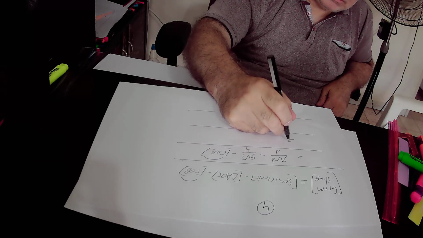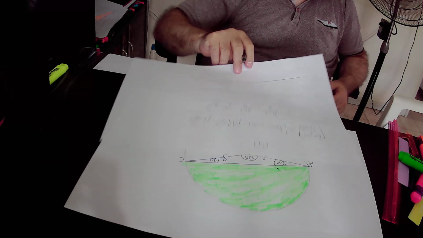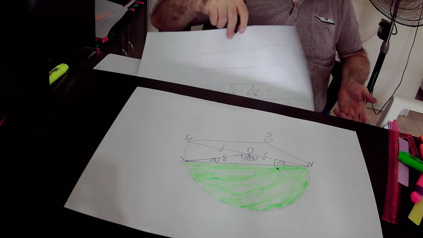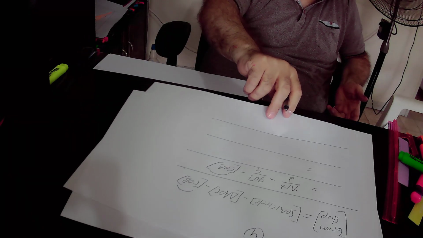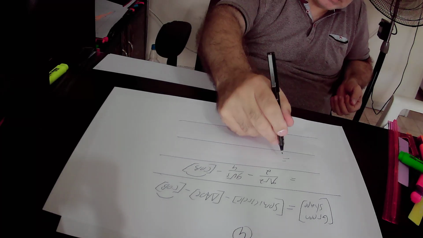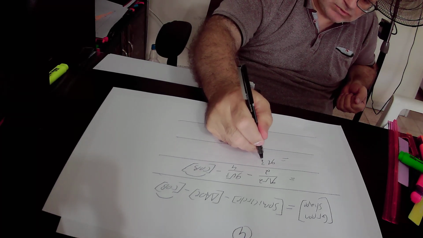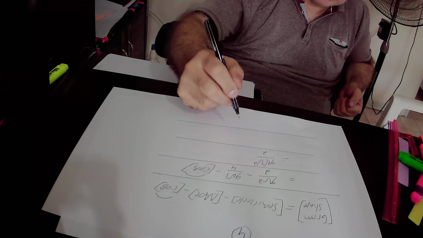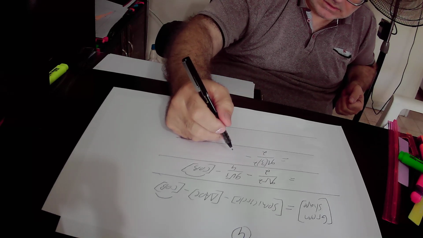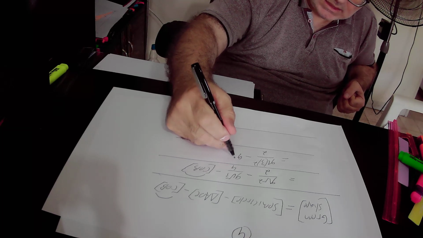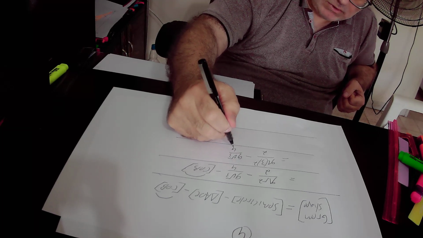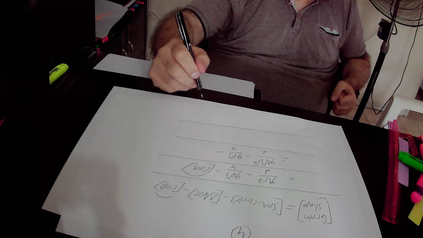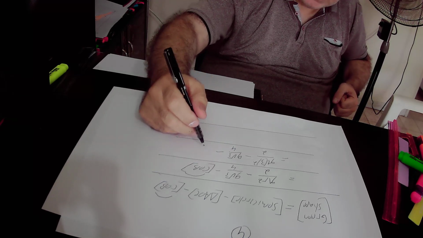Okay, so we know that the radius of this semicircle equals 3 units, therefore r equals 3, therefore r squared is 3 squared. So it is pi times 3 squared over 2. It is the area of the semicircle minus the area of triangle AOC, that is 9 times square root of 3 over 4, minus the area of sector COB.